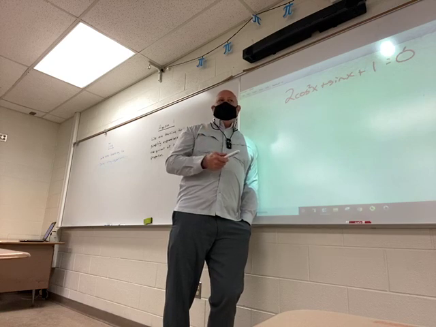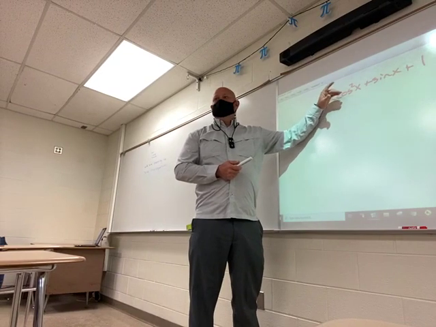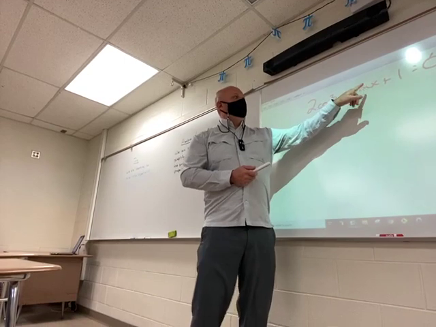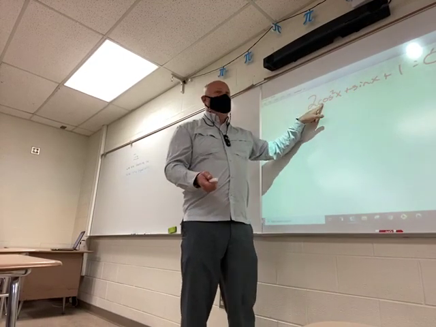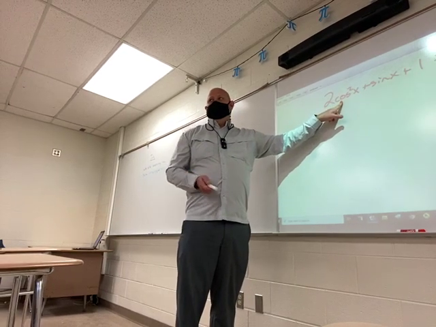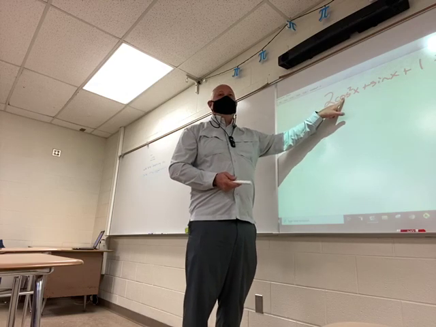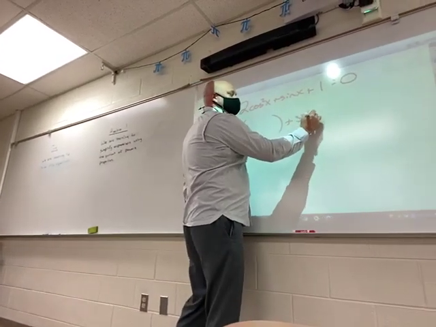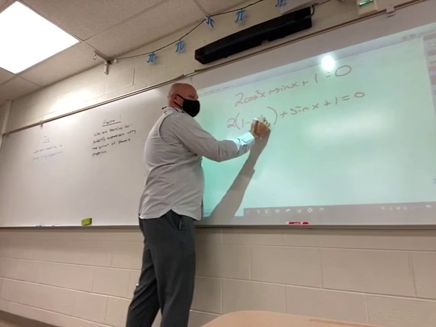The goal is not to simplify as much as it is, I need to make all the trig functions the same. So I either need to figure out a way to turn this sine into a cosine or this cosine squared into a sine. Which one do we know how to do? The cosine squared. I can change that cosine squared into a what? A 1 minus sine squared.